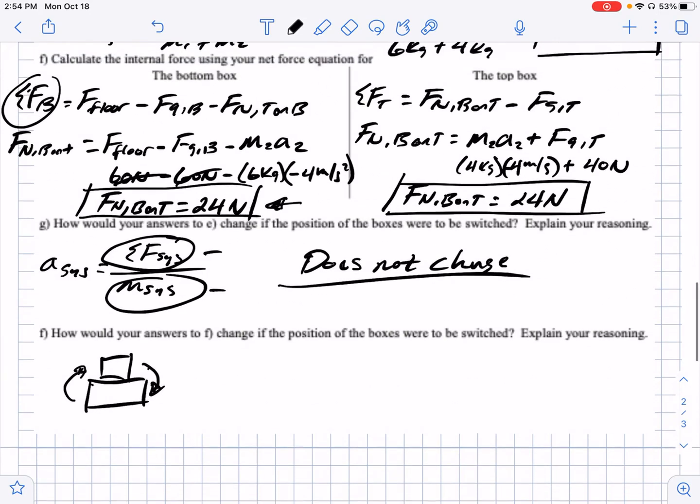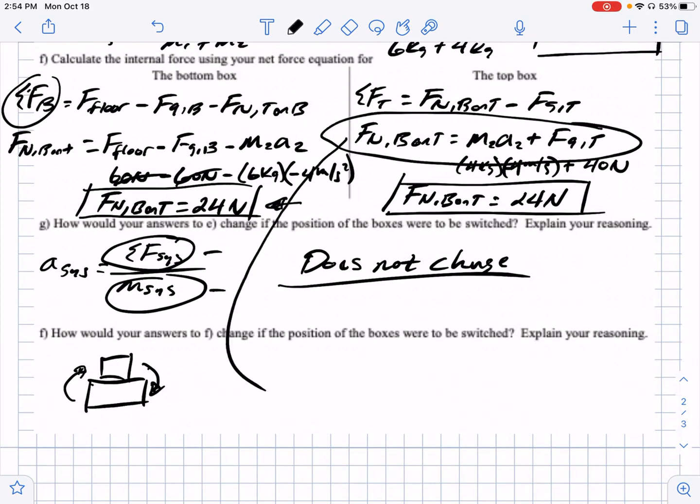Let's look at this net force equation for the top box. If I rewrite it down here, that normal force between them is equal to the mass of the top box times the acceleration of the top box plus the weight of the top box. What we've done now is put the heavier box on top, so we had an increase in the weight of the top box.